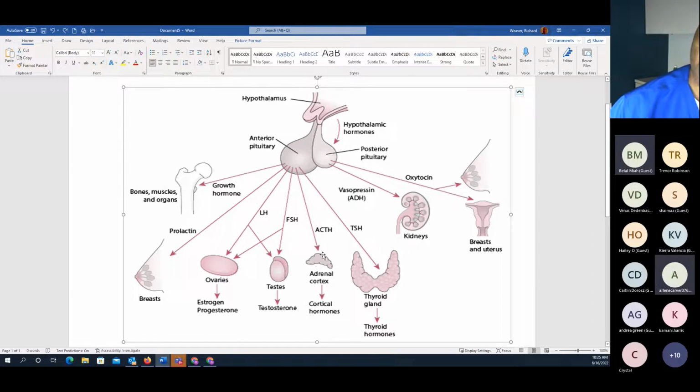It will stimulate the adrenal cortex if the body needs cortisol or aldosterone. It's the adrenal cortex, not the medulla, because the adrenal gland consists of the medulla, which is more responsible for the catecholamines, like epinephrine and norepinephrine, the sympathetic nervous system.